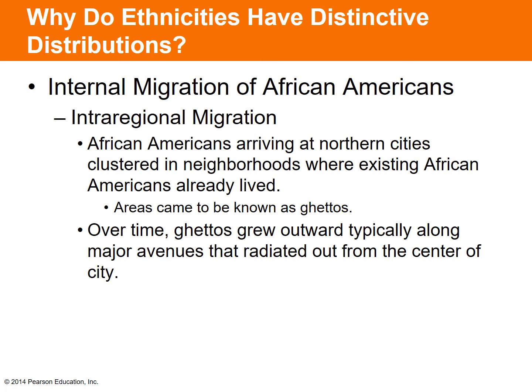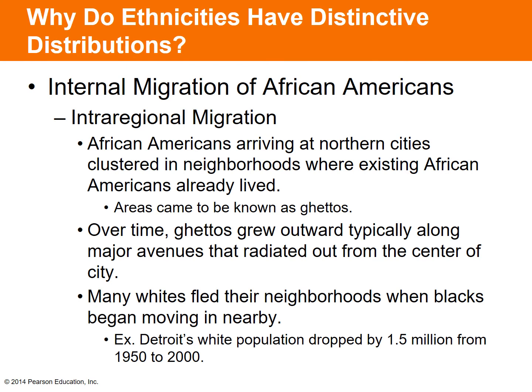Over time, ghettos grew outward, typically along major avenues that radiated out from the center of the city. Many whites fled their neighborhoods when blacks began moving in nearby. This, unfortunately, is a fact of American history in the 20th century and in the 21st century, although I feel like this is in decline.